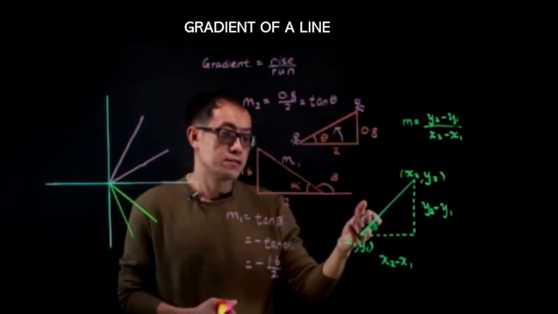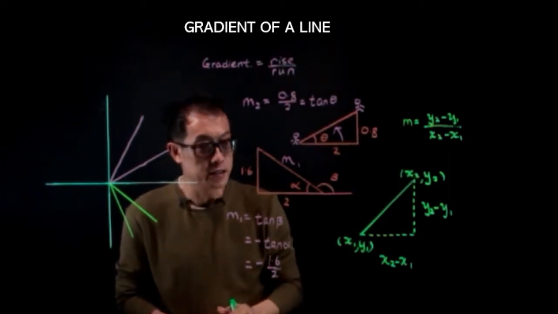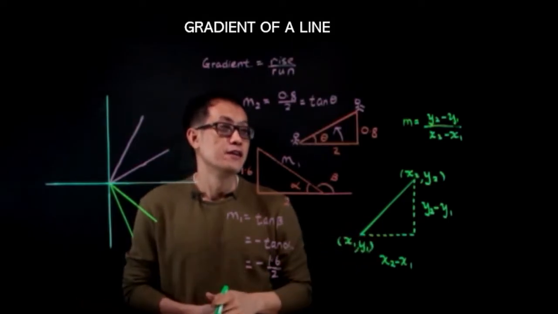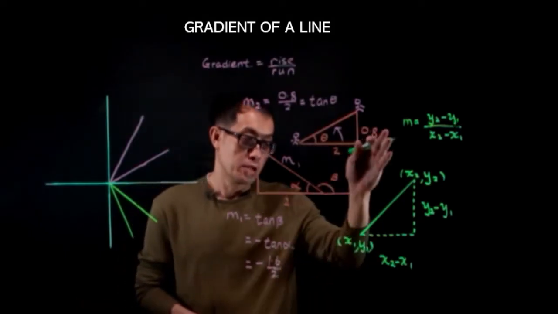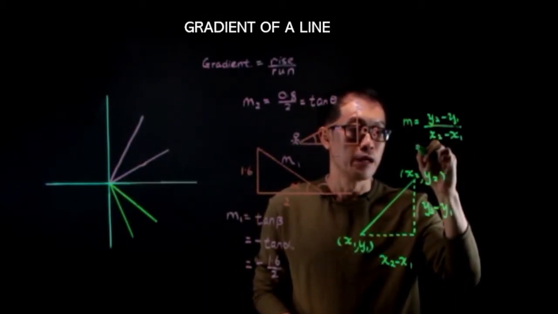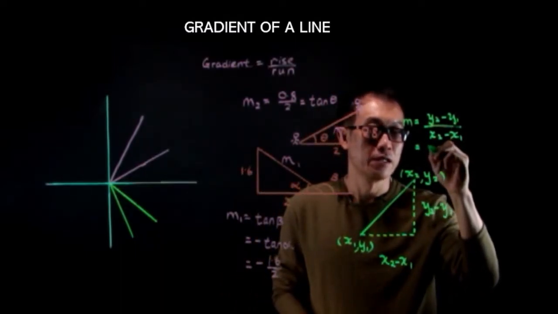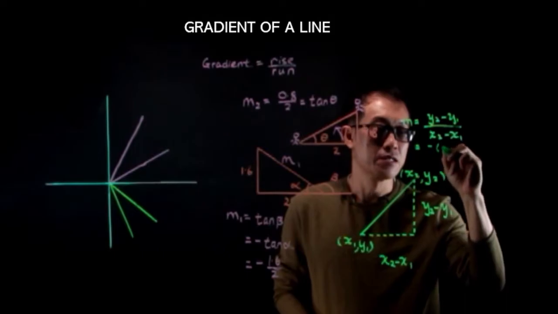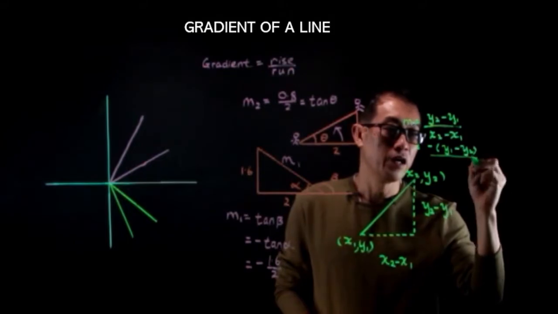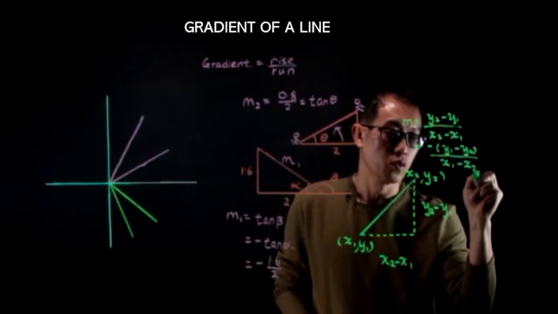Now you may be asking yourself, if you are given a pair of coordinates, which one must I use as x1 and which one must I use as x2? Alright, it doesn't really matter. Let me show you. Let's say I factorize, taking out a minus 1 from the numerator and denominator. So it will be minus (y1 minus y2) over minus (x1 minus x2).